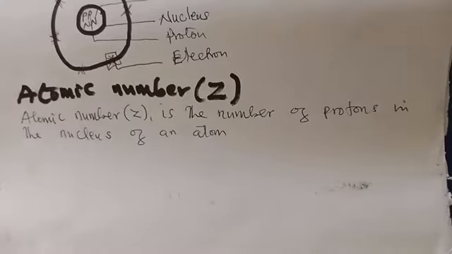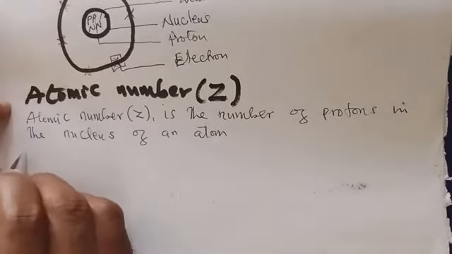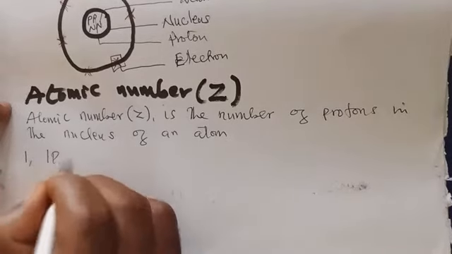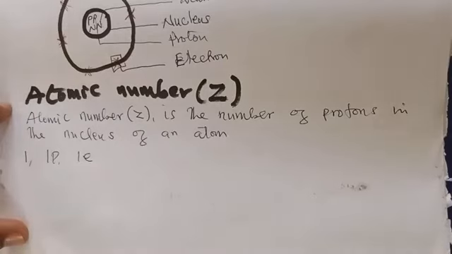So an atom that has one proton has an atomic number of 1. An atom that has 2 protons has an atomic number of 2. An atom that has 3 protons has an atomic number of 3. And in a neutral atom, the number of protons is always equal to the number of electrons. So if you have atomic number 1, it means you have 1 proton, you should also have 1 electron.